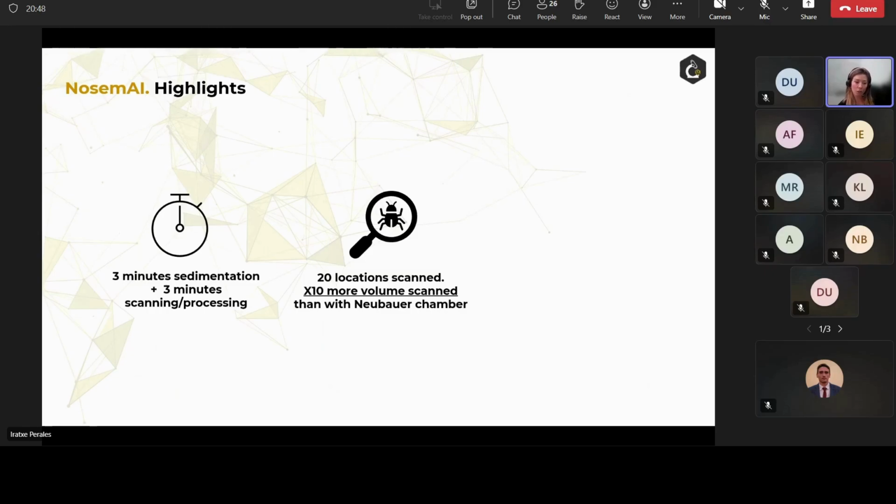This is good because it makes the system more sensitive, and we scan 20 locations. So considering a sample that has a low load of spores, with our system, because we can scan 10 times more volume than the Neubauer chamber, it is much more sensitive. And then we don't use consumables like the PCR.